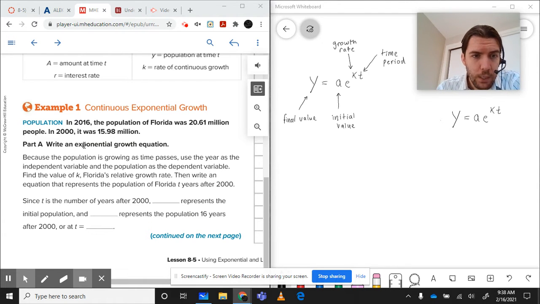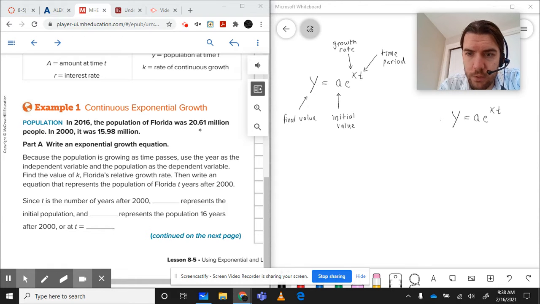Okay, so let's fill in the values that we have. So our equation, y equals ae^kt, has 4 different things to pay attention to. We have the initial value, we have the final value, we have the time period, and we have the growth rate. So let's look at what we have. In 2016, we have a population of 20.61, so that seems like a final value to me.